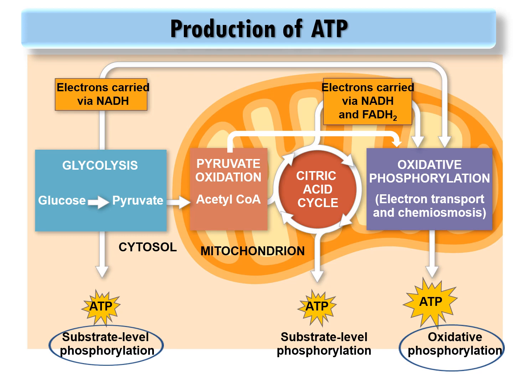Substrate level phosphorylation occurs in glycolysis and citric acid cycle or Krebs cycle, whereas oxidative phosphorylation occurs during electron transport chain and chemiosmosis. Substrate level phosphorylation produces a small amount of ATP, whereas oxidative phosphorylation produces a large amount of ATP.